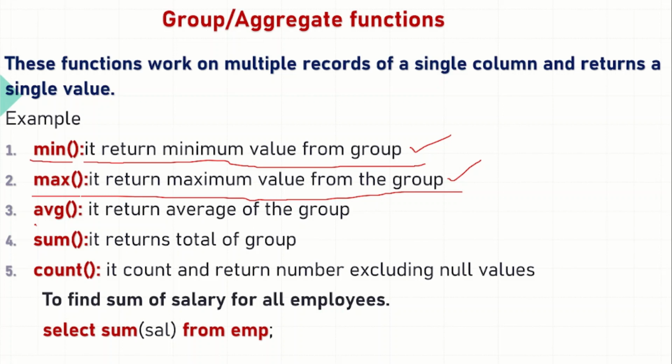We can get that with the help of the average function. Sometimes we can ask the average marks of a particular group of students for a particular subject. Similarly, sum returns the total, which can be group-wise or for all also.